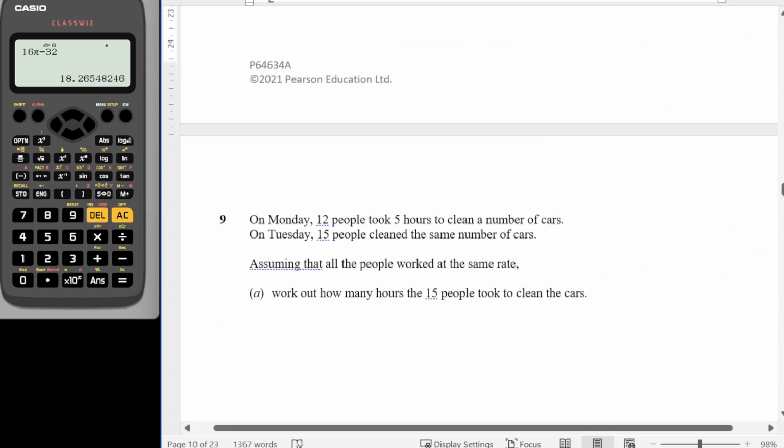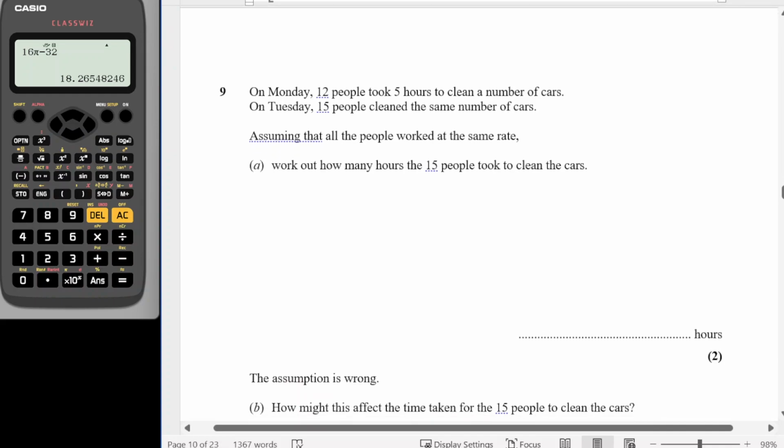Okay, and question 9. On Monday, 12 people took 5 hours to clean a number of cars. On Tuesday, 15 people cleaned the same number of cars. Assuming that all people worked at the same rate, how many hours did the 15 people take to clean the cars? So I tend to do this in a fairly straightforward way.